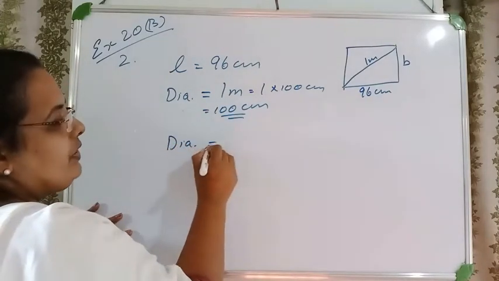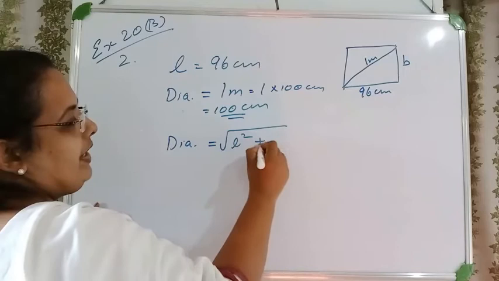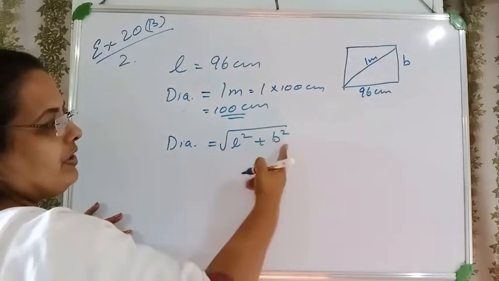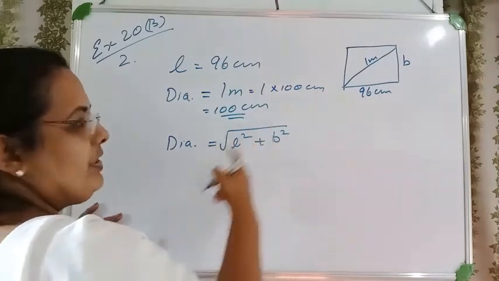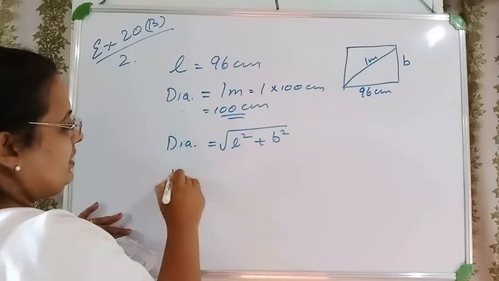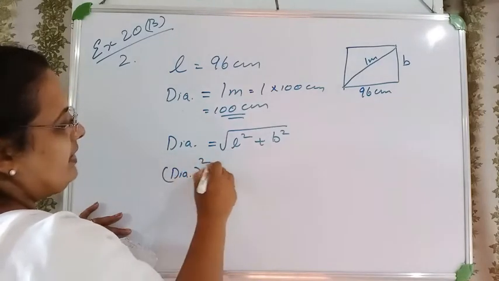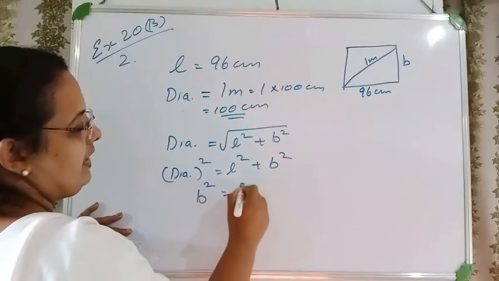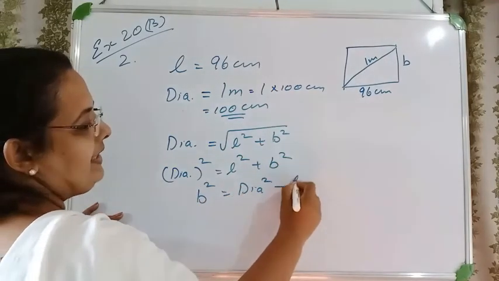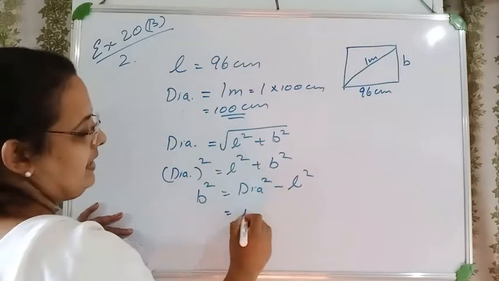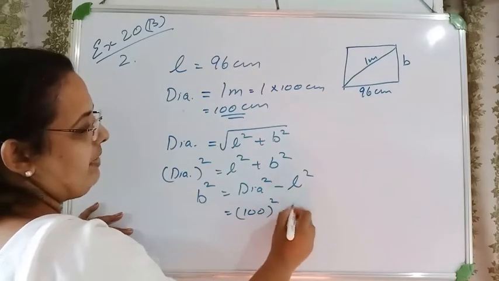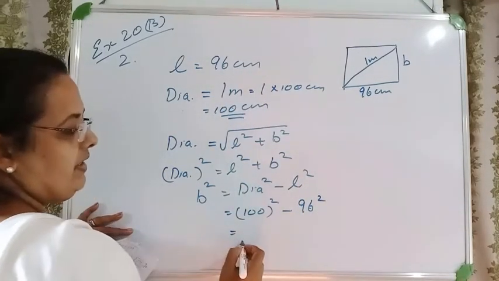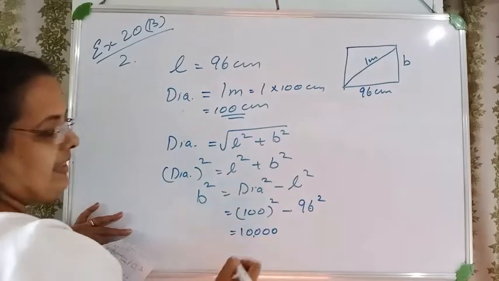Diagonal is equal to square root of L square plus B square. To remove the square root, you have to square, because B is what you have to find. Then only we'll get B separately. So diagonal square is equal to L square plus B square. B square is equal to diagonal square minus L square. Now diagonal is 100 centimeters squared minus L, 96 centimeters squared. 100 square is 10,000.